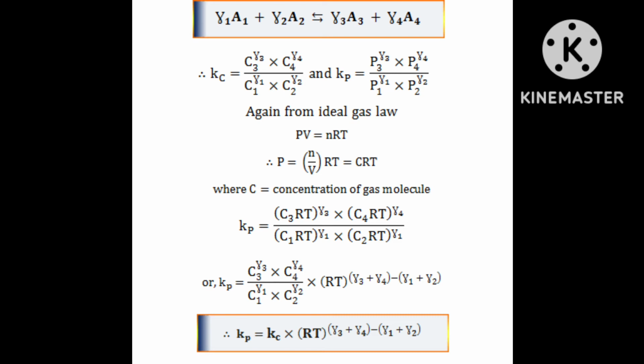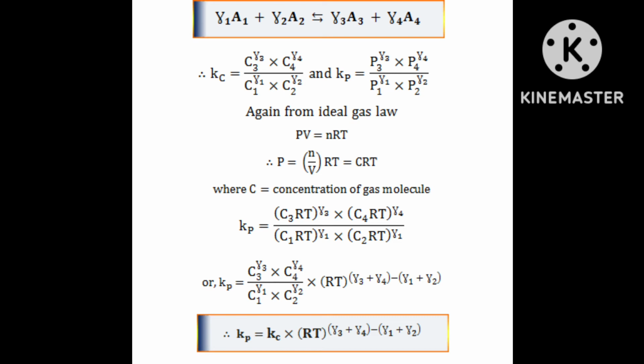Then in case of synthesis of ammonia, N2 plus 3H2 is equal to 2NH3, means 4 moles is converting into 2 moles of ammonia. Reactants total 4 moles, 1 mole nitrogen and 3 moles hydrogen giving 2 moles of ammonia, means a lesser number of moles. Product minus reactant, product is 2 and reactant is 4, 2 minus 4 is minus 2.